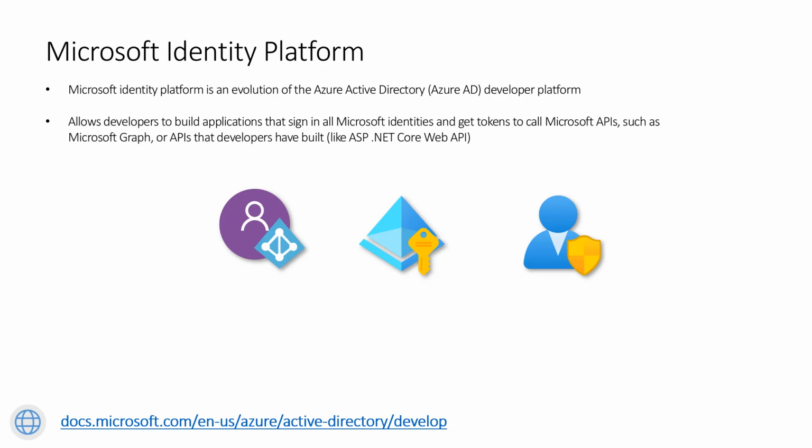So if we have, for instance, an ASP.NET Core Web API, we can secure it with Microsoft Identity Platform. I also encourage you to visit the official documentation of Microsoft Identity Platform using the link displayed on this slide, because this topic is huge. So in this video, we will make an introduction and discuss only some of the most important parts.